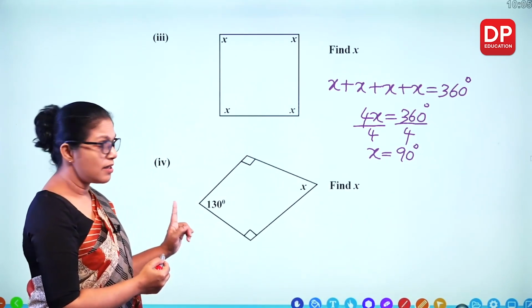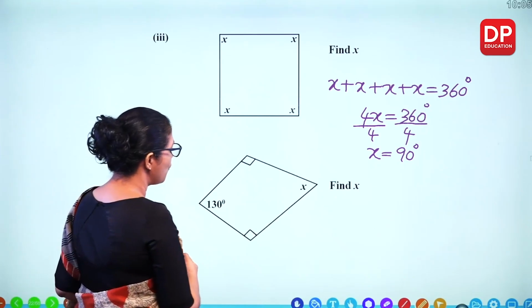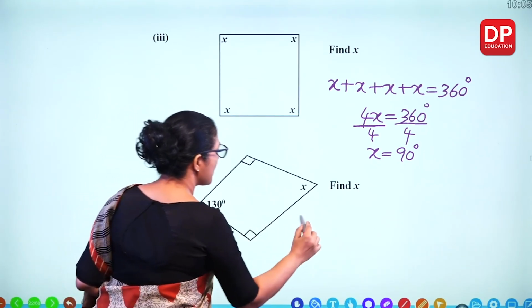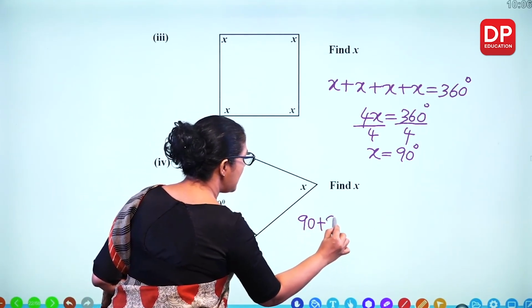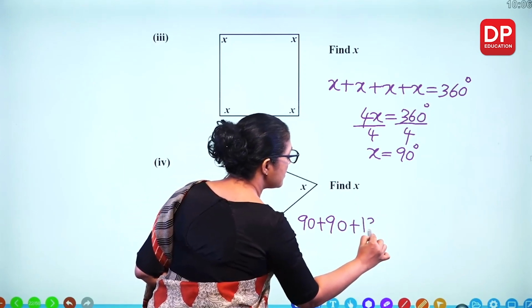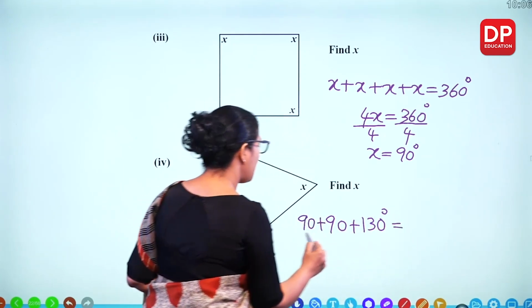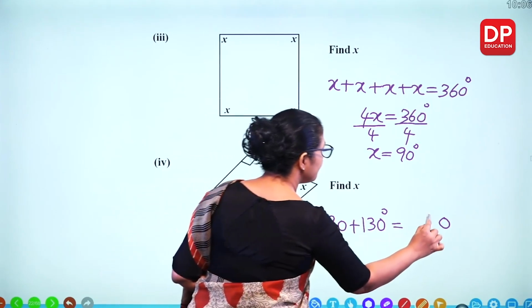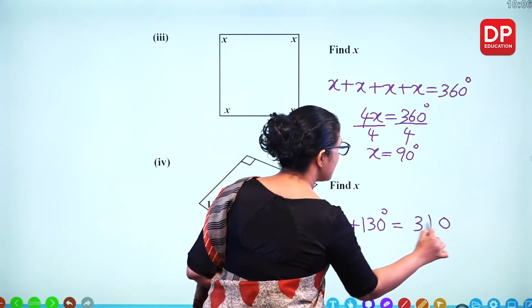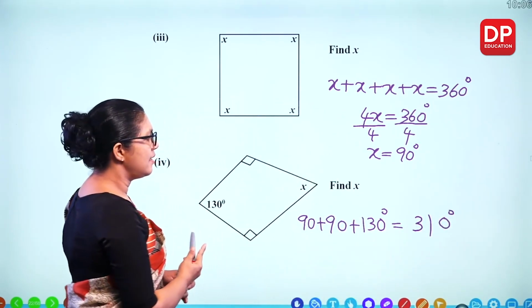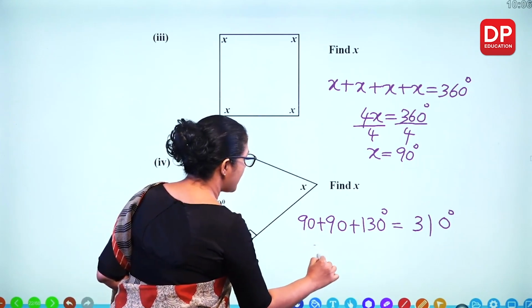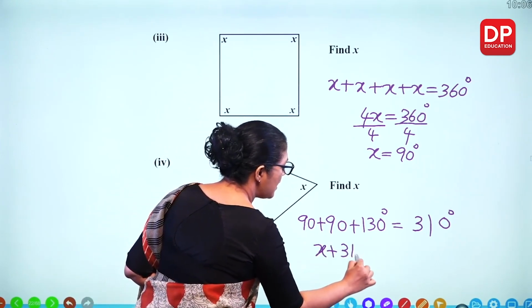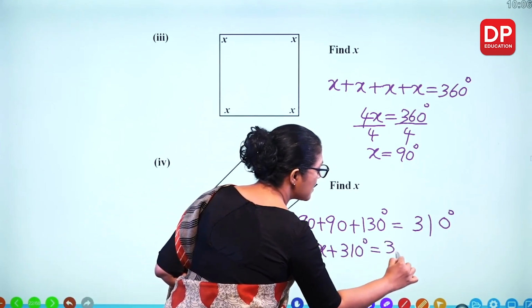This is also a quadrilateral. How do you find out x? 90 plus 90 plus 130. What's the sum? 310. Now we know x plus 310 equals 360.